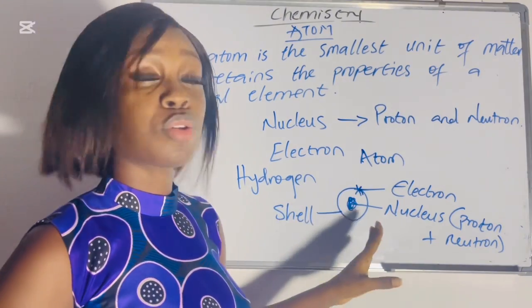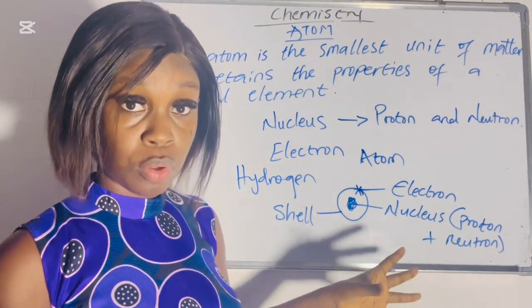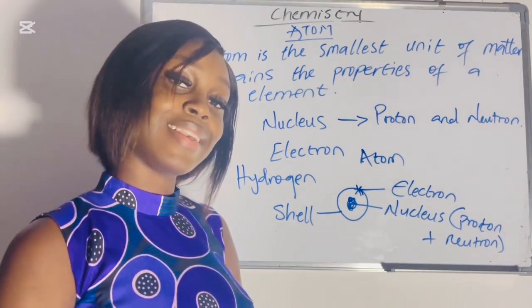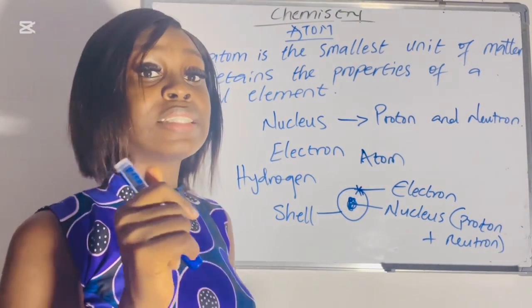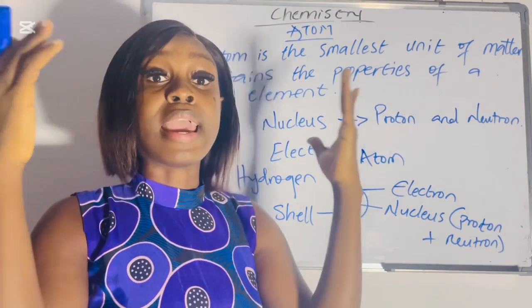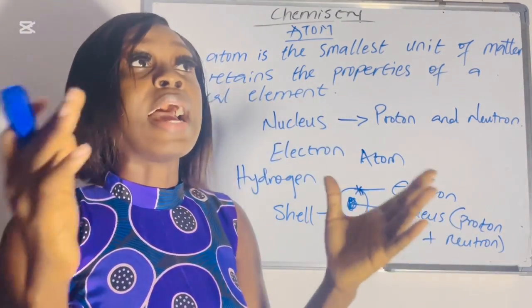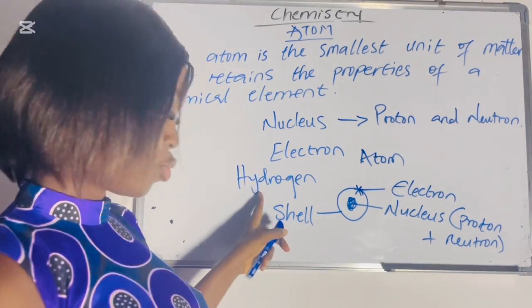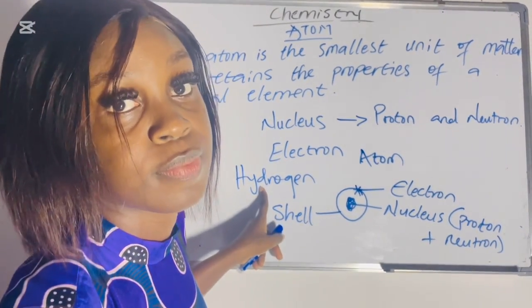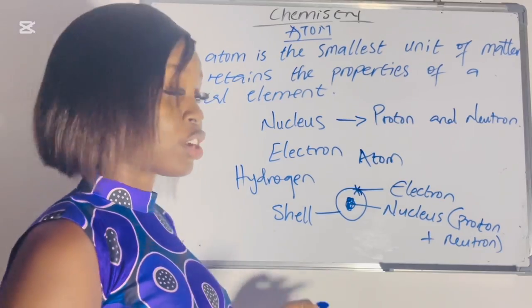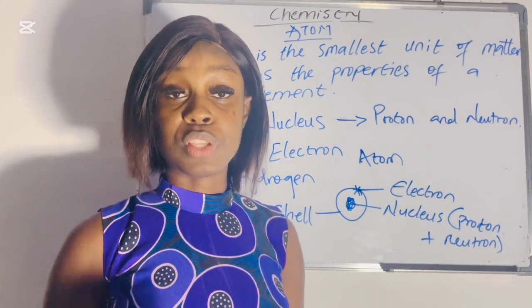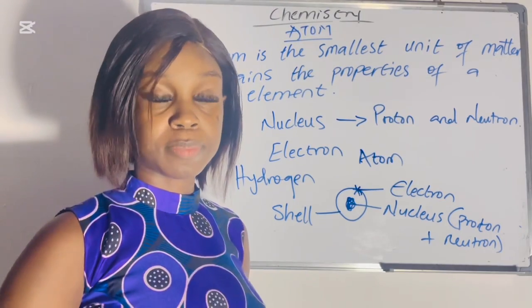So if the number of protons of this atom is 1, that means the atomic number is 1. And since I already know my elements and their atomic numbers, I know that the element with atomic number 1 is hydrogen. So if you want to recognize atoms just like the way I do, then you need to be familiar with your elements and their atomic numbers.